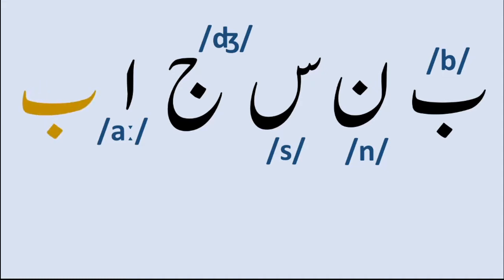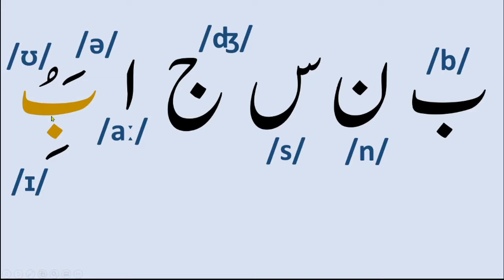Then we looked at those three short vowels as well, and the symbols were Zabar, which gives you A sound, Zer, I sound, Pesh, U sound. These are the sounds we learned. We also learned that Urdu goes from right to left.